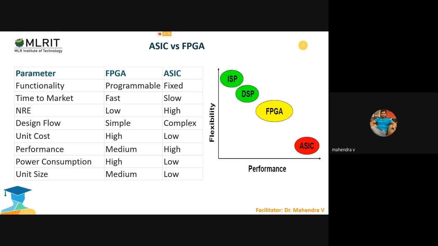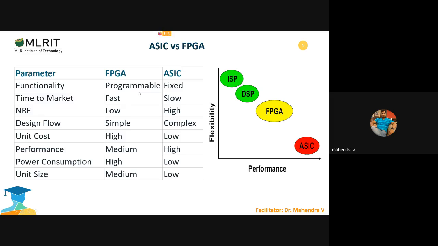Looking at the first 4 parameters of the FPGA: functionality is programmable, that means flexible, time to market is fast, NRE, non-recurring engineering cost, is also low, and design flow is also simple. These are the 4 parameters which make the FPGA different from the ASIC and also suit the current requirements.